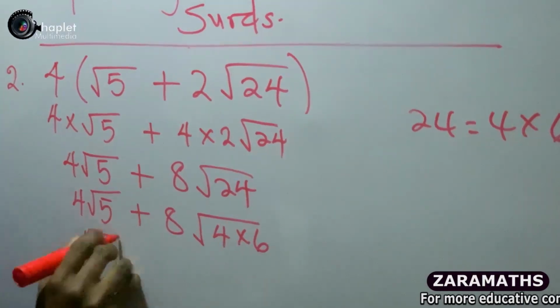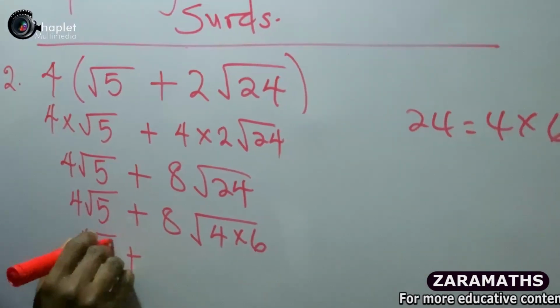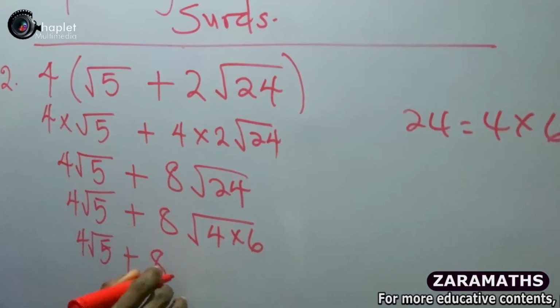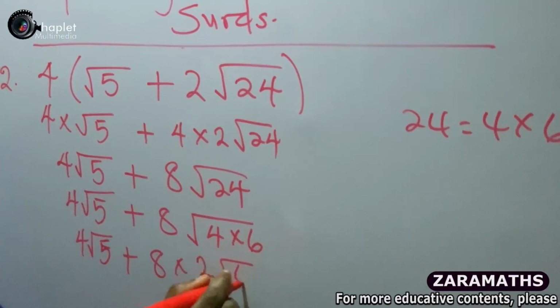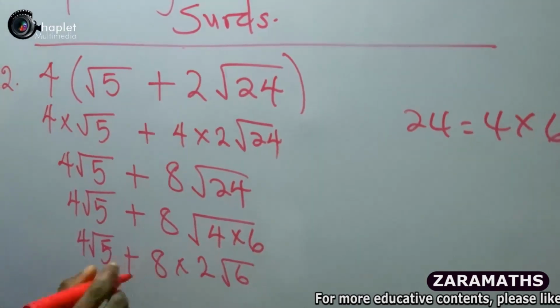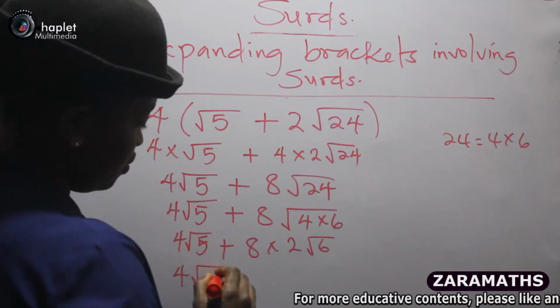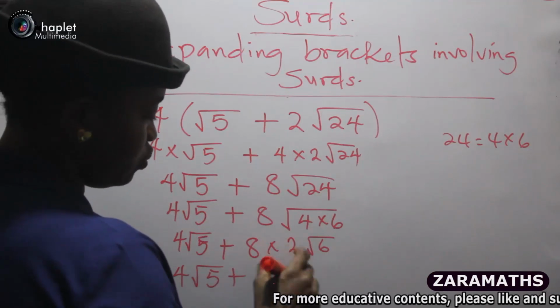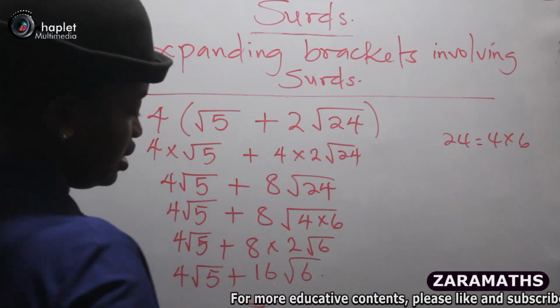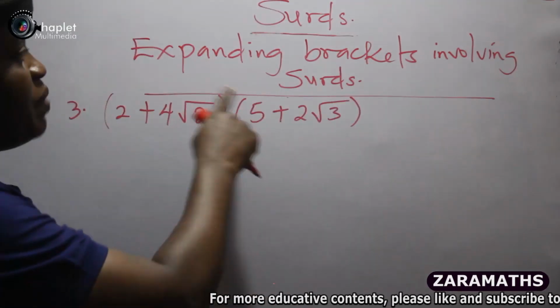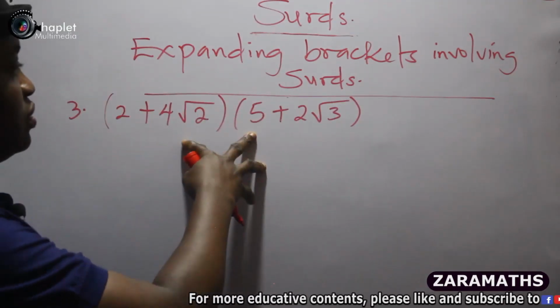So here it becomes 4 root 5 plus 8 times 2 root 6. So this becomes 4 root 5 plus 8 times 2, 16 root 6. So that's the answer.